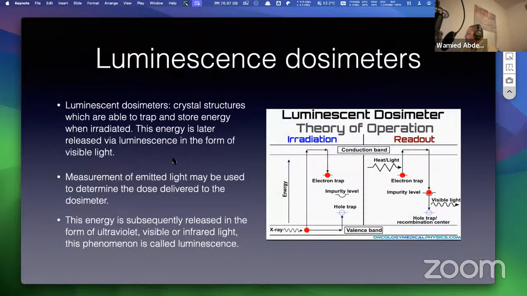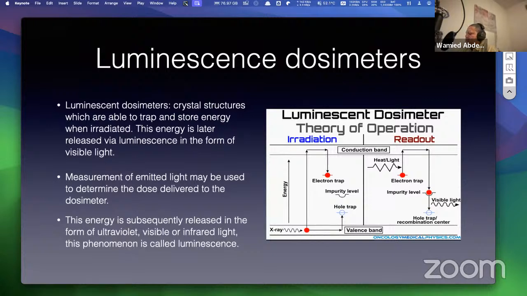Luminescence dosimeters. These are crystal structures which are able to trap or store energy when irradiated. So we have a crystal, it could have some impurities. When it is irradiated, usually electrons are going to be excited to higher levels, called the conduction band.